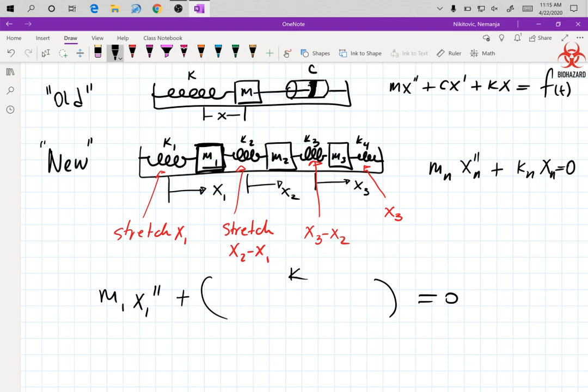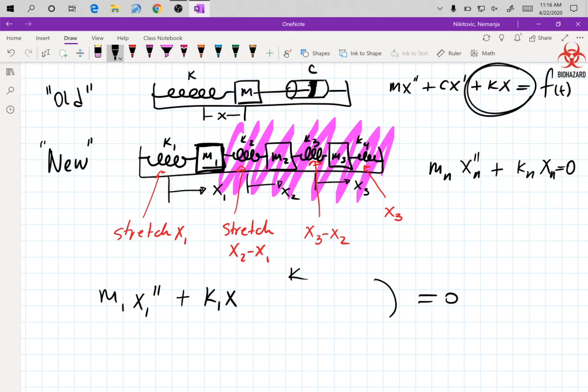Now, what are the k terms? Well, if we had nothing else, and you're really trying to learn how to model these things, because this is your life if you're a mechanical engineer, you just look at k1. The k1 part is just k1 x1, from your previous life. There's nothing else there.